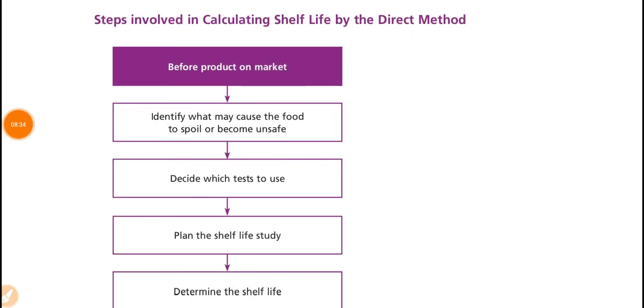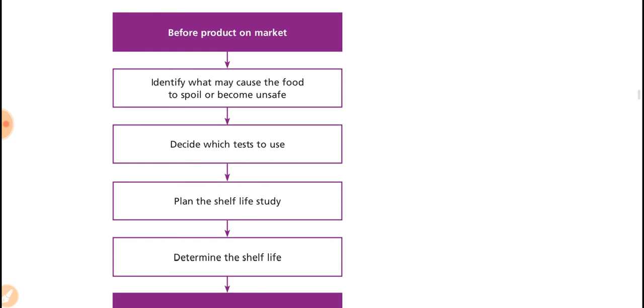Then the steps involved in calculating shelf life by the direct method. First, before the product is on the market, at that time also you can do it. Then identify what may cause the food to spoil or become unsafe. What are the different conditions that will make your food spoiled or unsafe?